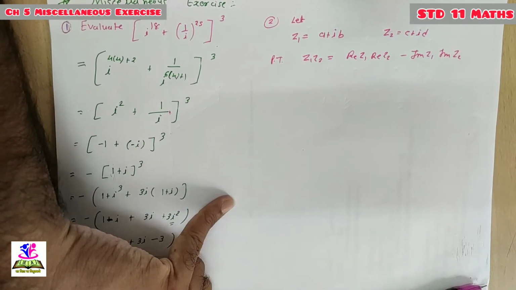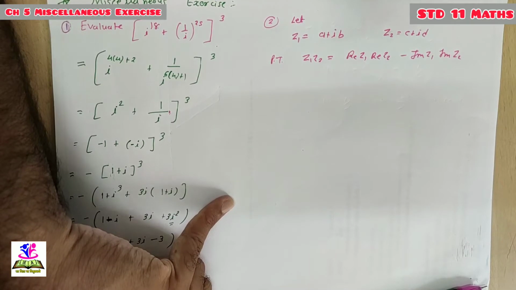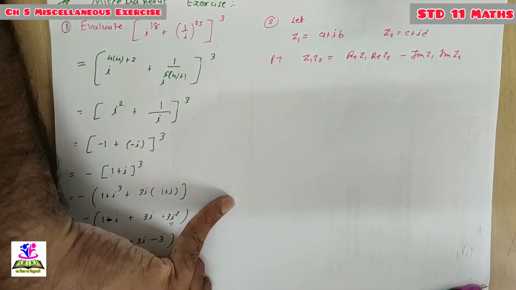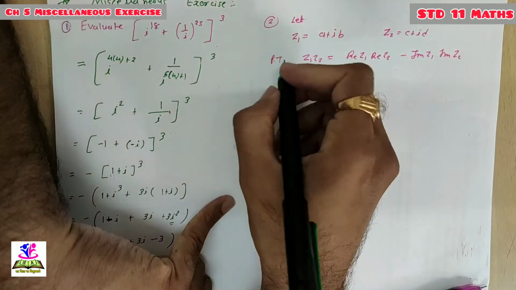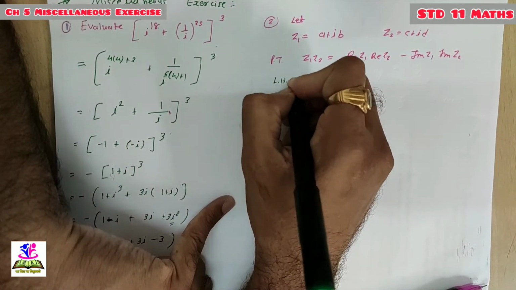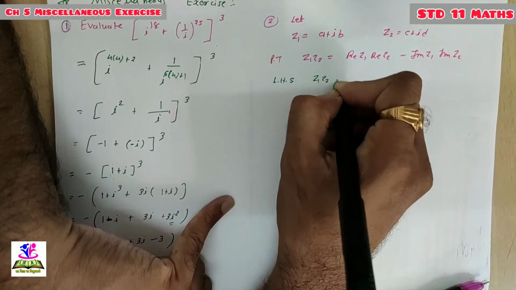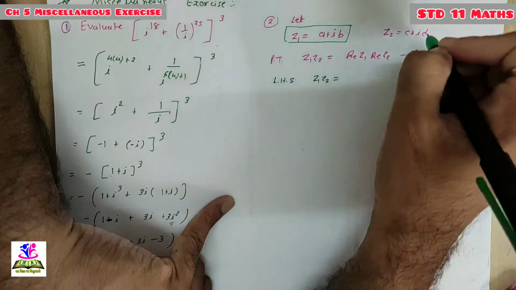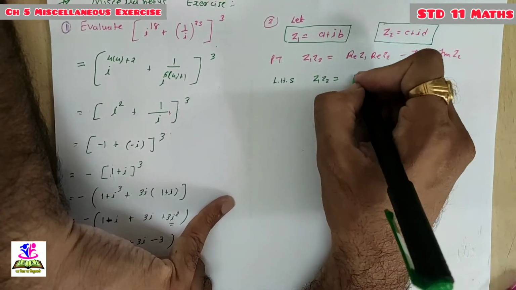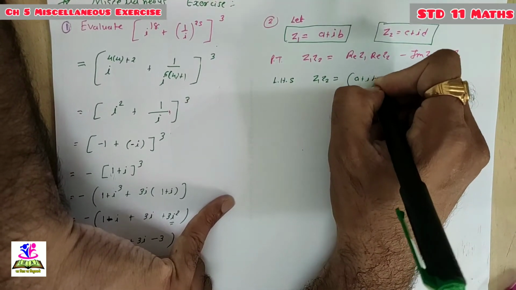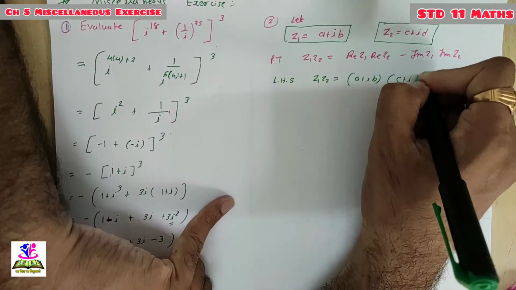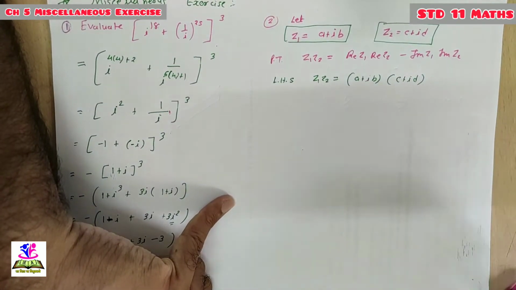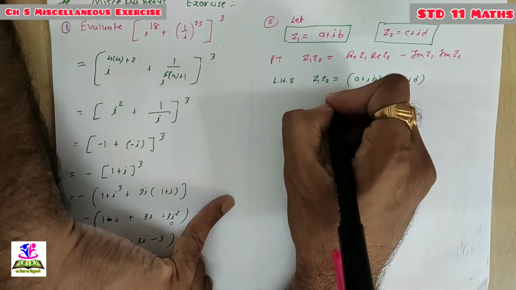Done. So for that we have considered two complex numbers, a plus ib and another complex number c plus id. So let's start with the given left hand side. So here the given left hand side is z1 z2. So z1 z2 is a plus ib and c plus id. So it's (a plus ib) into (c plus id). Now perform expansion, or you can say multiplication.